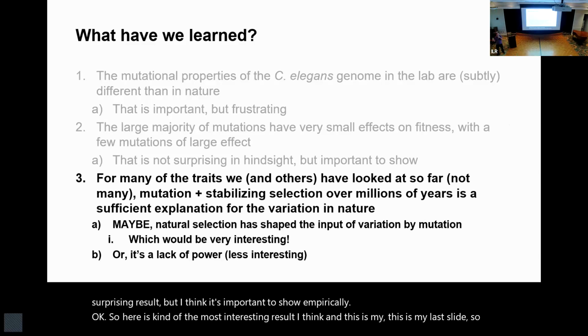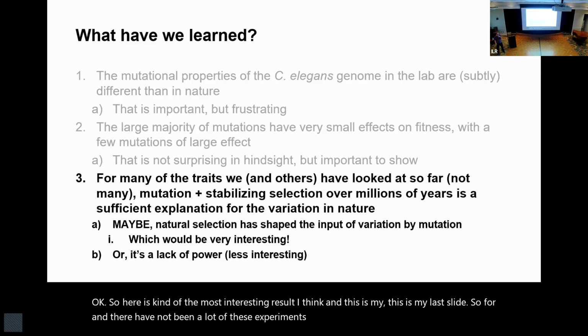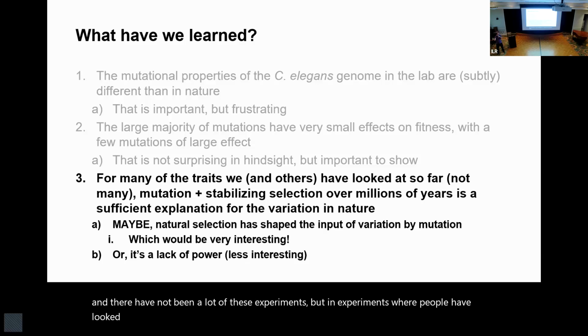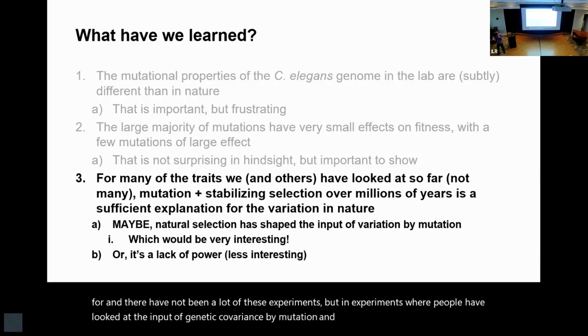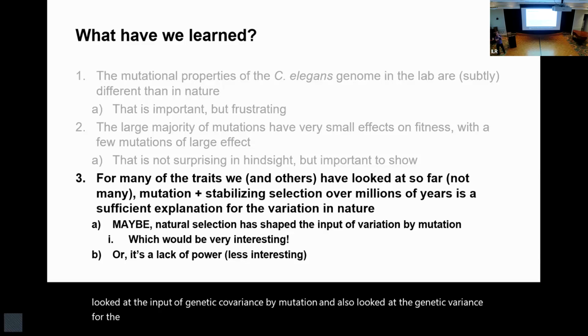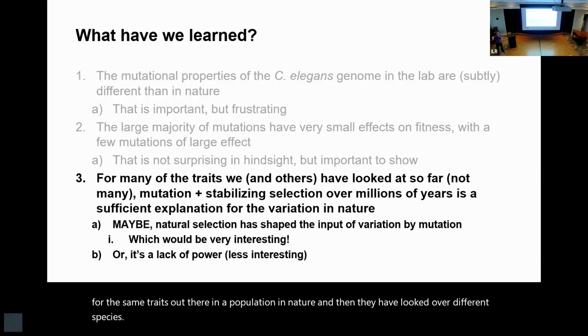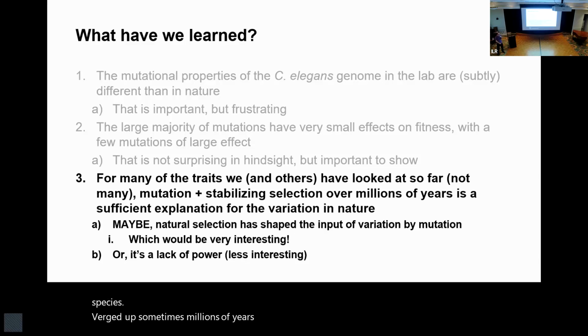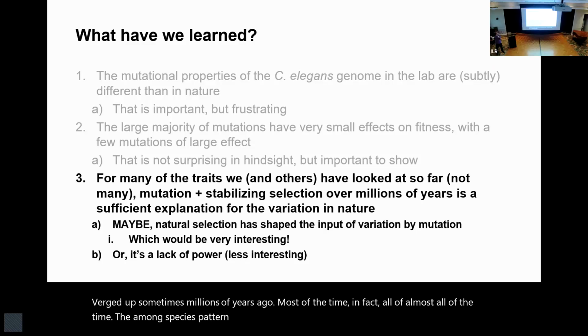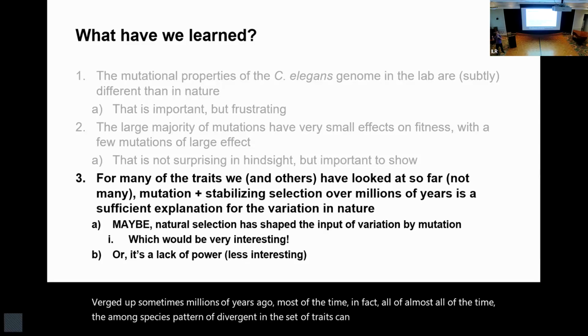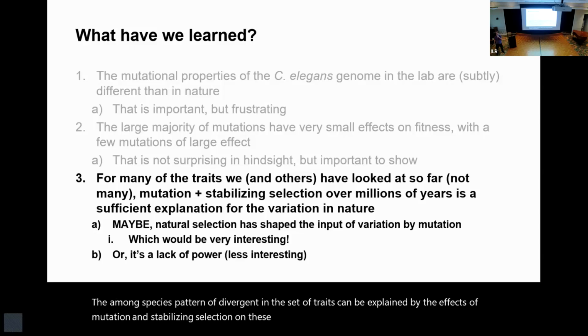There have not been a lot of these experiments, but in experiments where people have looked at the input of genetic covariance by mutation and also looked at the genetic variants for the same traits out there in a population in nature, and then have looked over different species that diverged sometimes millions of years ago, most of the time, in fact almost all of the time, the among-species pattern of divergence in this set of traits can be explained by the effects of mutation and stabilizing selection on these traits or on combinations of these traits.